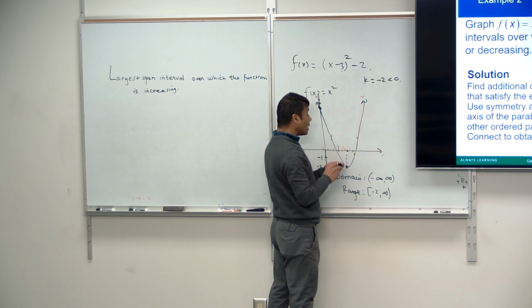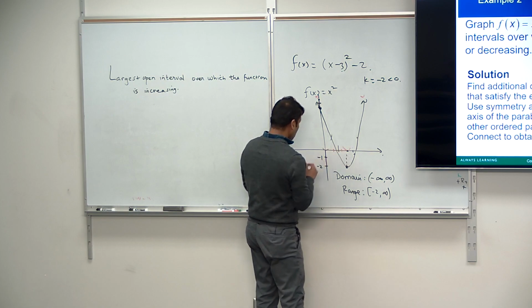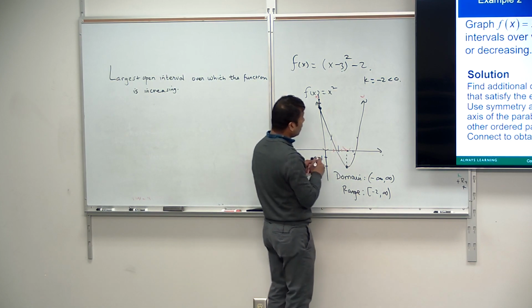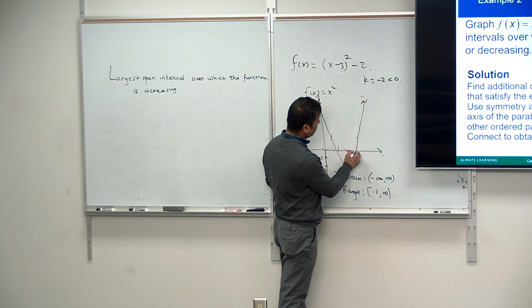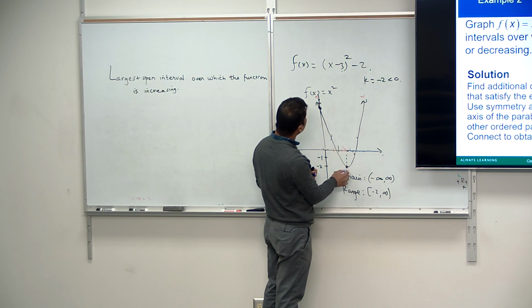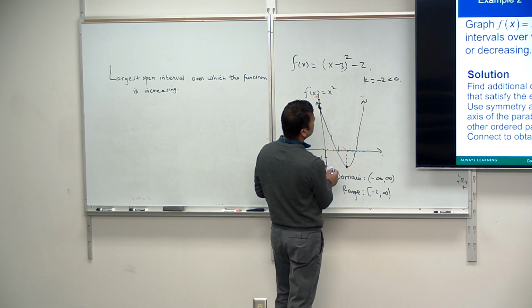But what is the open interval on the domain where the function is increasing? So if you want to find out the open interval where the function is increasing, this open interval. Did you see that? So what is the vertex? 3, negative 2. Is that right?